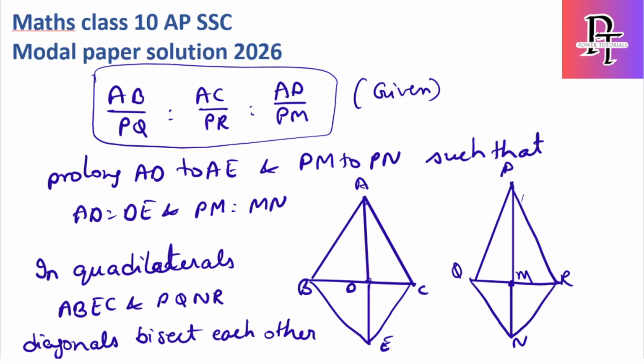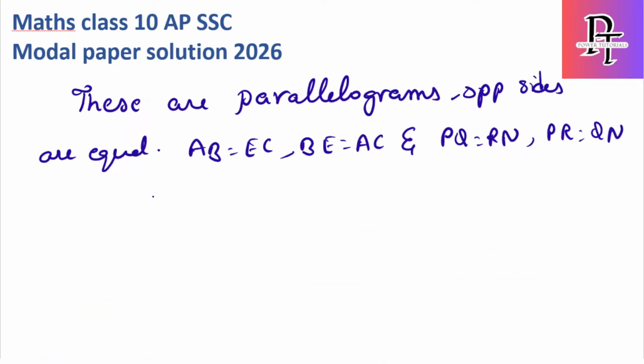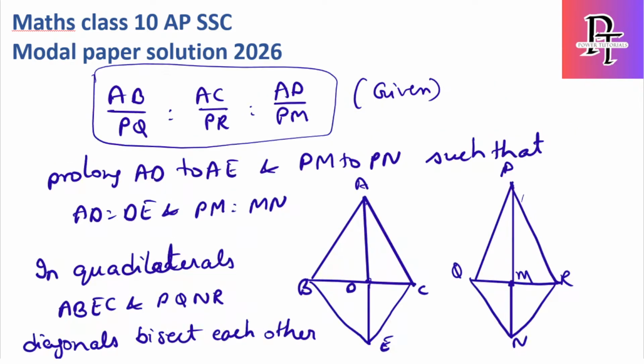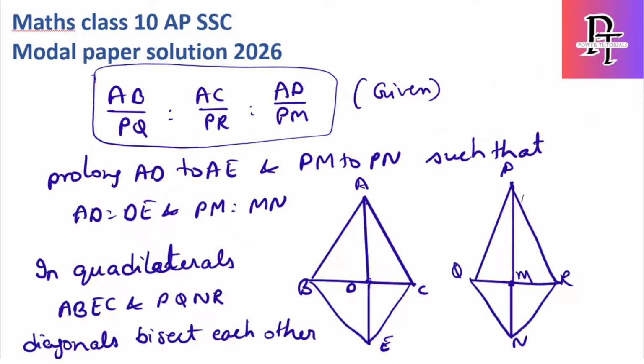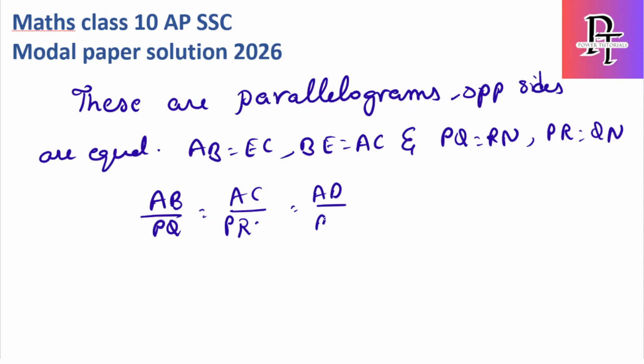Let's write this equation again. AB by PQ is equal to AC by PR is equal to AD by PM. Now I will simply multiply AD by 2 and PM by 2. Now this equation becomes AE by PN. Why? Because D and M are the midpoints.